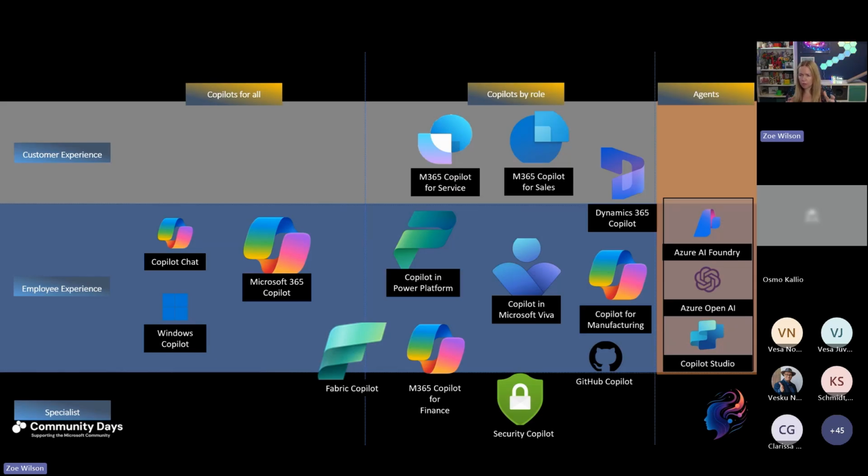The different Copilot that you will need to build the Copilot muscle for, or that you need to drive within a part of the business, is going to be different depending on the role that someone has. So for people who work primarily in a dev role, they might use a little bit of Copilot in Microsoft 365, but GitHub Copilot is probably where they're going to spend much of their time, for example.